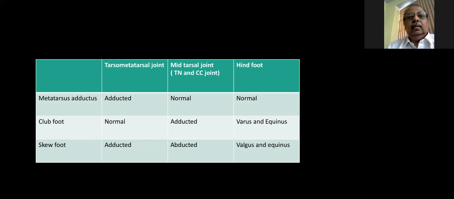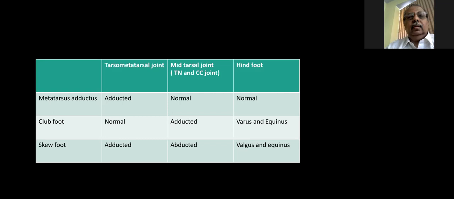While in the case of the skew foot, which again has been asked in your examination, the tarso-metatarsal joint is adducted. That is what you get in the case of metatarsus adductus. It's the same. Now, in the mid-tarsal joint, it is abducted. So, forefoot is adducted, the mid-tarsal joint is abducted, and the hind foot is in valgus and equinus. Not varus and equinus, valgus and equinus.